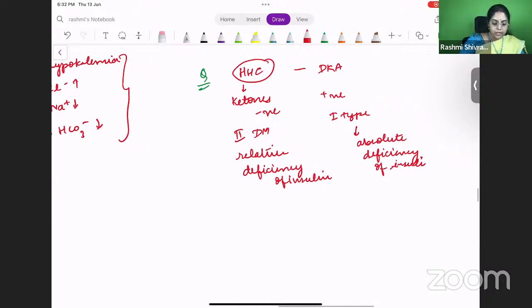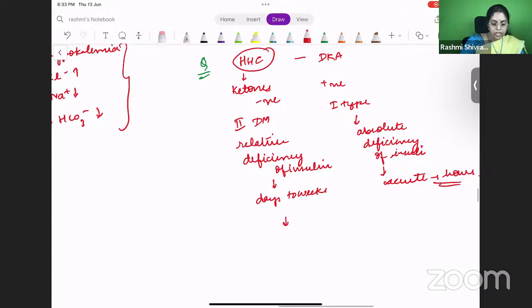Hyperglycemic hyperosmolar coma will develop over days to weeks, whereas DKA will be very acute, developing within a few hours. HHC has high mortality. However, DKA, if you correct it properly, you will actually be saving the patient. So these are the key differences between hyperglycemic hyperosmolar coma and DKA. This is again a very important question.